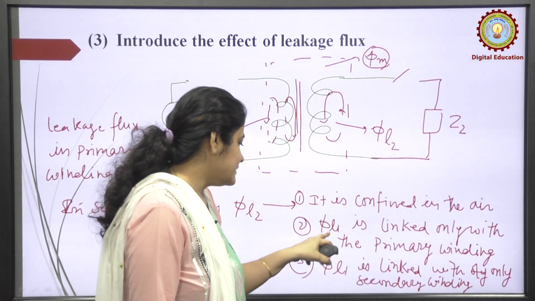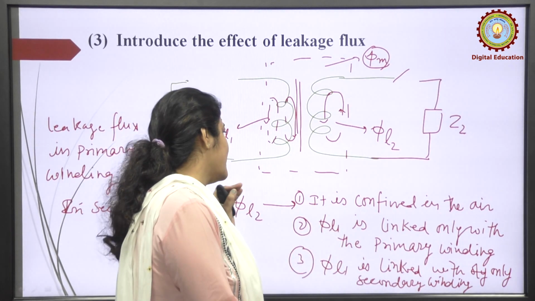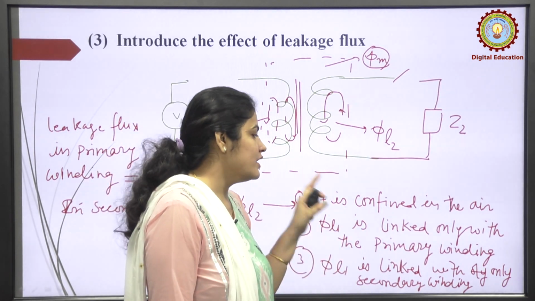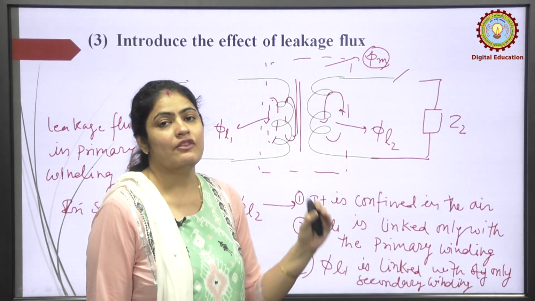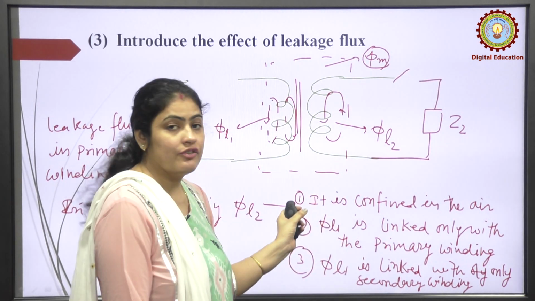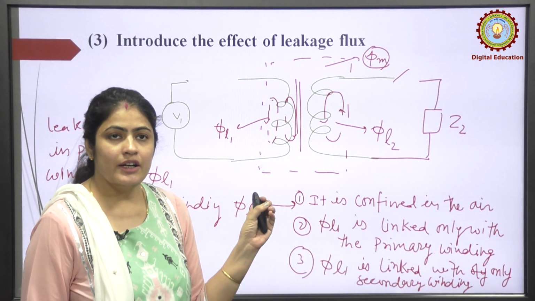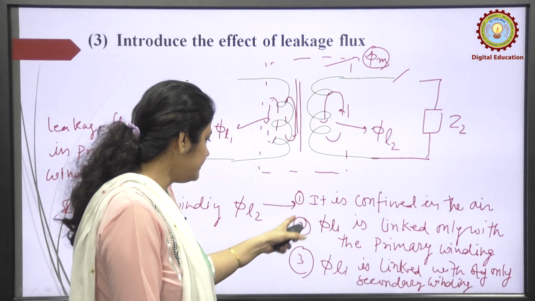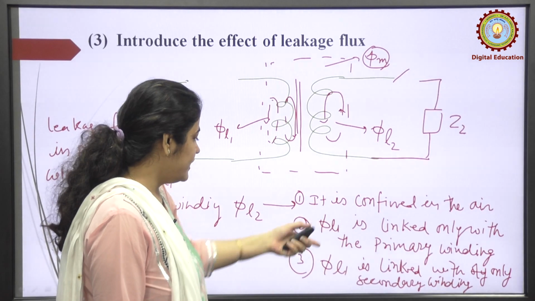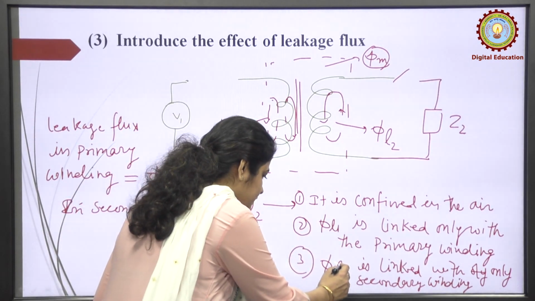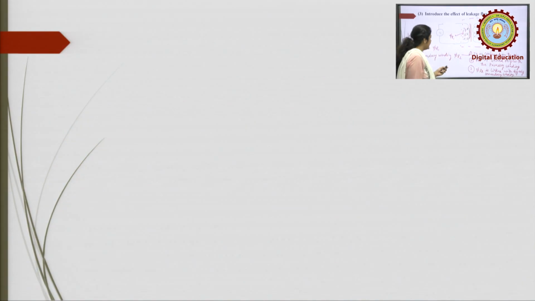But the fluxes that are linked only with the primary winding or the secondary winding are not useful flux, and they will create a voltage drop, because they are changing flux. So, phi L1 and phi L2 are also changing fluxes.